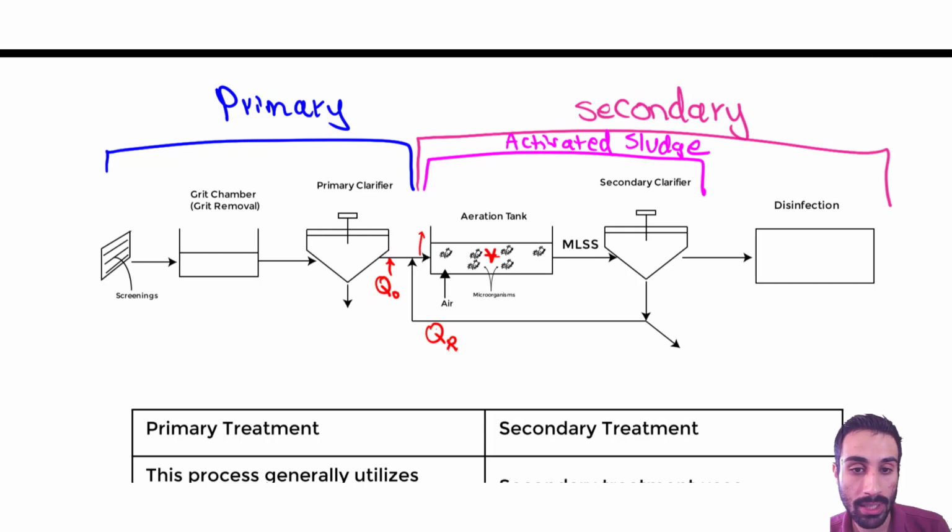So it's going to be this portion. This is my Q naught plus QR. So I hope that makes sense. It's QR plus Q naught. You're basically doing like a mass balance or a nodal equilibrium analysis around that node, and you get Q naught plus QR, right? It makes sense. And that's what comes out here and goes into the aeration tank. Q naught plus QR. And that's what they're talking about there.